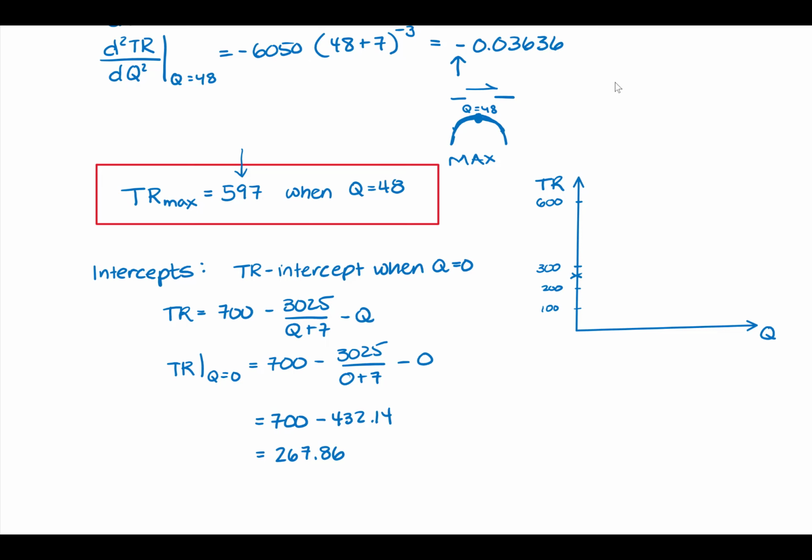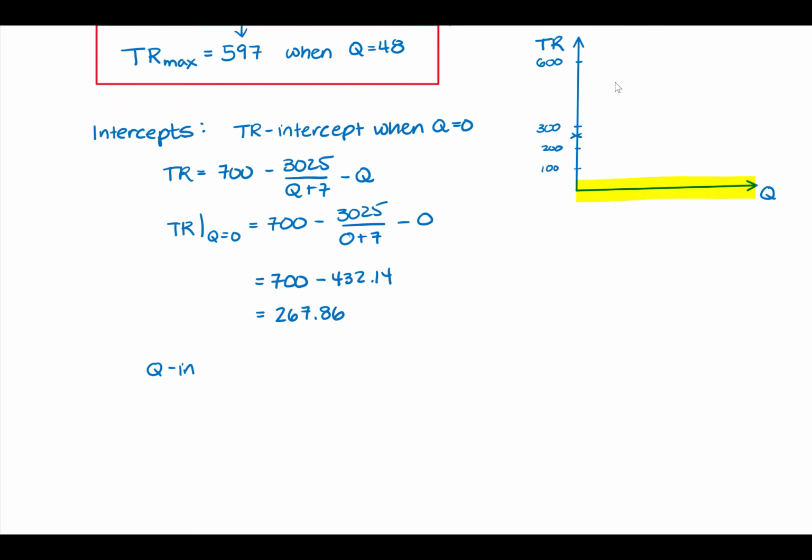So now let's think about our horizontal axis right here. Those q intercepts will happen when TR is equal to 0. So this time I take my equation right here and I set TR to be equal to 0. It's equal to 700 minus 3025 over q plus 7 minus q.